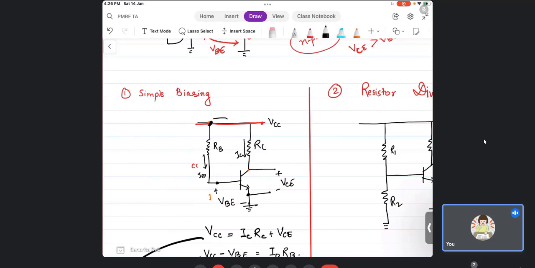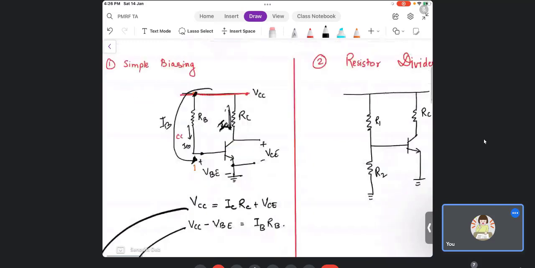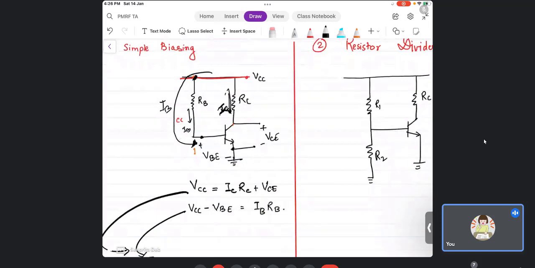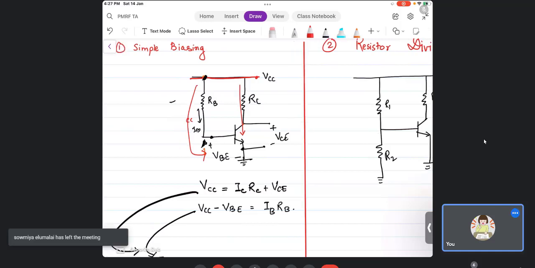This current is IB, and this current is IC. And therefore you have two KVL equations to fulfill, because there are two paths. One path is this one, and the other path is this one. So I am writing two equations: VCC equals ICRC plus VCE, and VCC minus VBE equals IBRB.